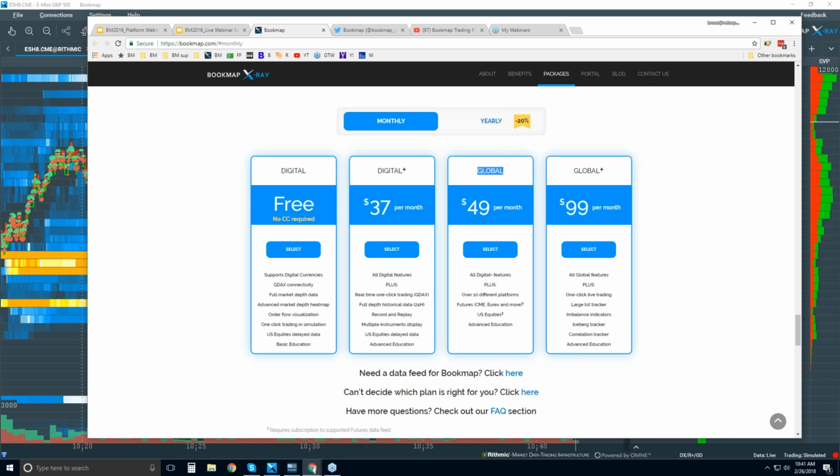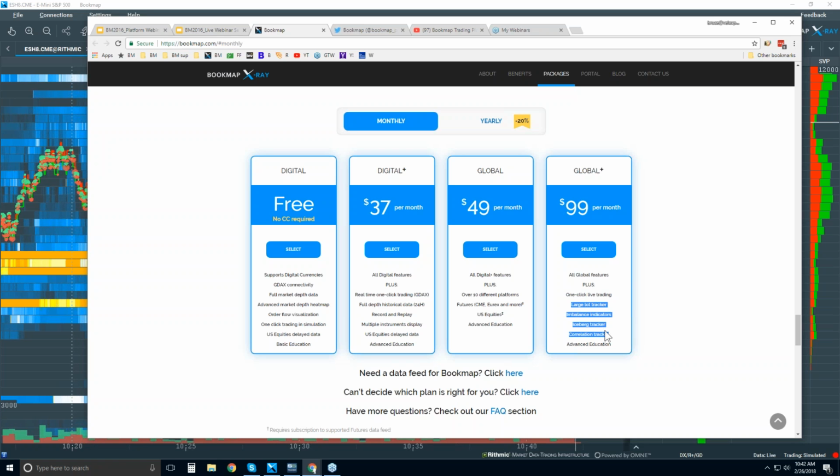Global here is the move up into futures, or the ability to connect to futures, as well as US equities through that DX feed that I mentioned. You get all the advanced education, etc. The Global Plus includes all of the add-ons, for example, the ability to trade right from the chart, and these proprietary indicators that we put together.